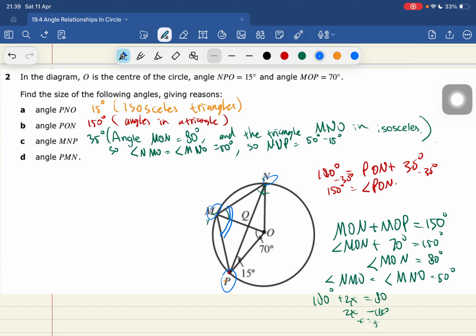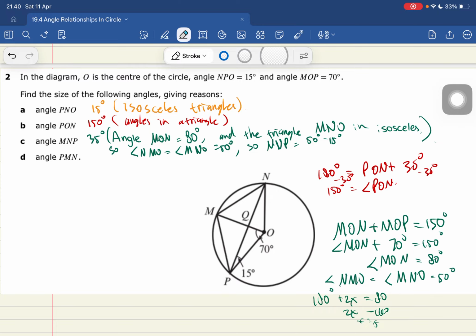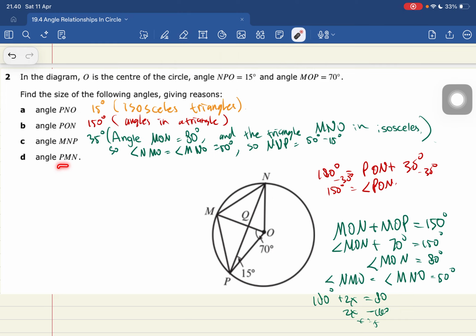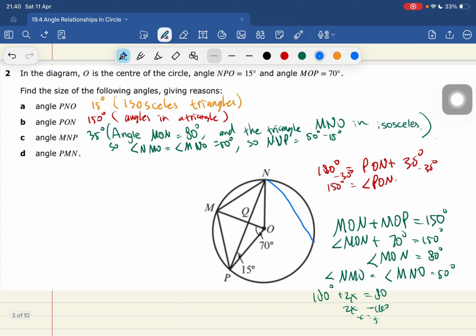As we got POM here, PON is 150, so in front of it is half of it, 75.